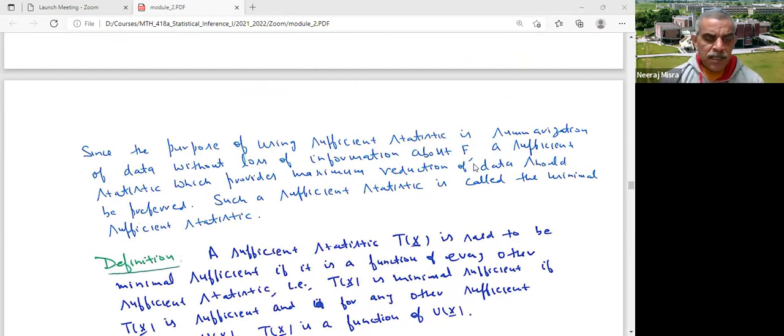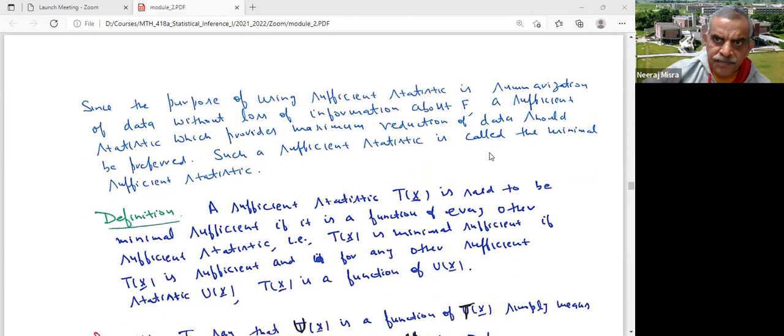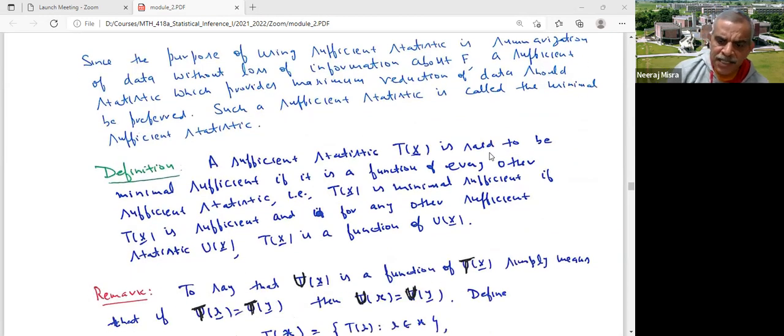So in principle, there can be infinitely many sufficient statistics because all would reduce the data without losing the information. The idea is, among all these sufficient statistics, which one to choose? Then certainly the choice is the one which gives me the maximum reduction in the data. So that leads to the concept of a minimal sufficiency.